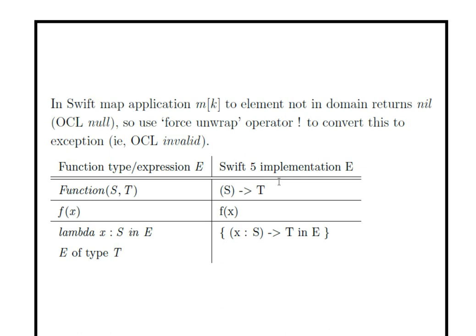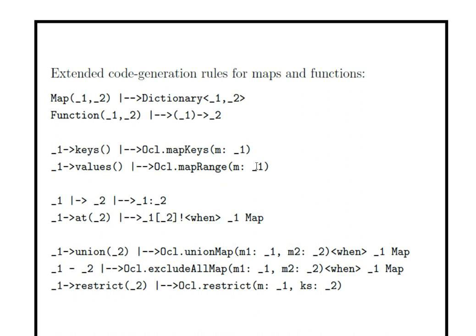That has a function type in Swift. Function application. Lambda abstraction is this notation in Swift. And again, we can extend our translator to these extended types like map and function. We can define rules which do the natural thing here.